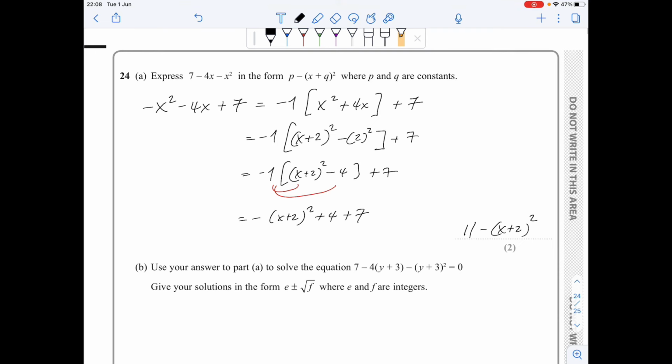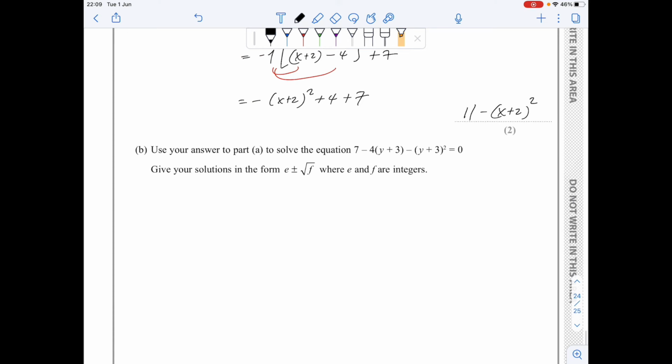In part B, I need to use my answer in part A to solve the following equation. Note that instead of x's, I've got y + 3. So I will take my answer from part A and replace x with y + 3.